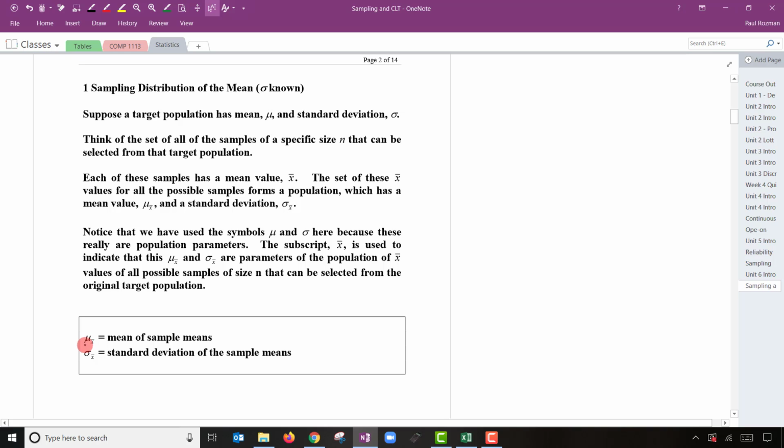When we do so, we'll end up with new attributes for the middle, the mean of my x bars, which is the mean of the sample means. And we'll also have a standard deviation of our sample means, measuring how spread out those means are. We'll call that the standard error, or the standard deviation of the sample means. So it's a fairly simple procedure here.